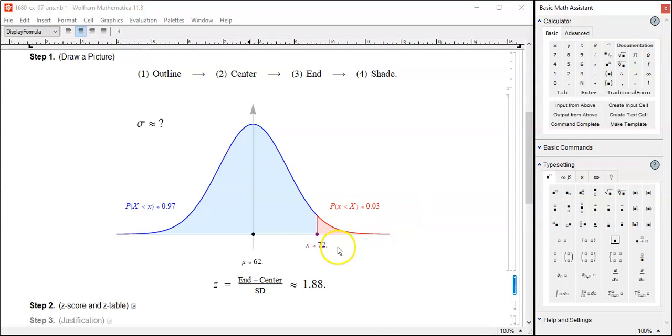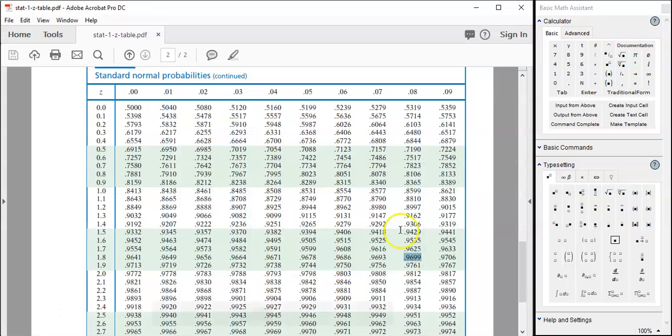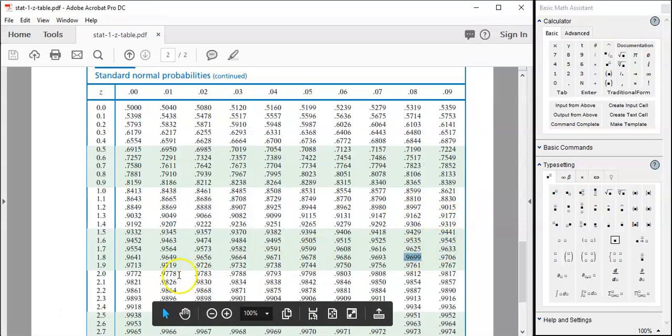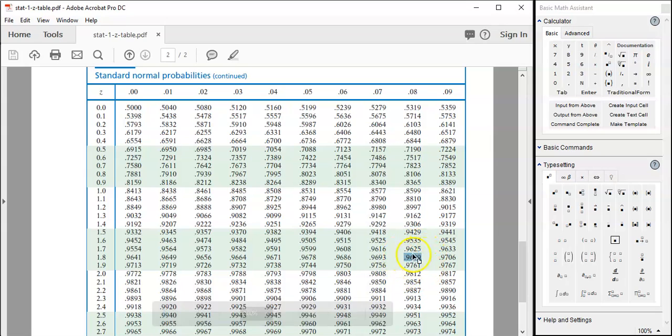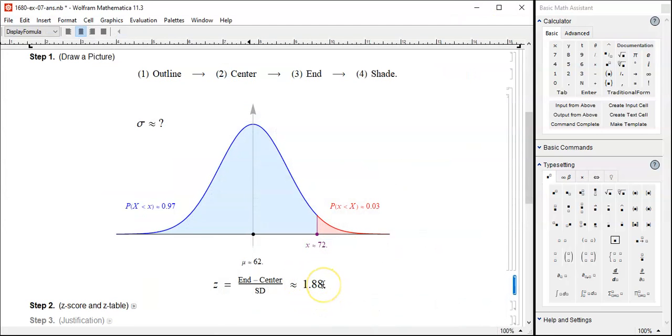Does it make sense here? This one is 3%, that's 97%. So the z-score should be 1.88, coming from the z table there. You see, 97% comes from here where my mouse is running around. That's the closest. And if you backtrace, you get a z-score of 1.88. That's your z-score. And what do you want to find out?